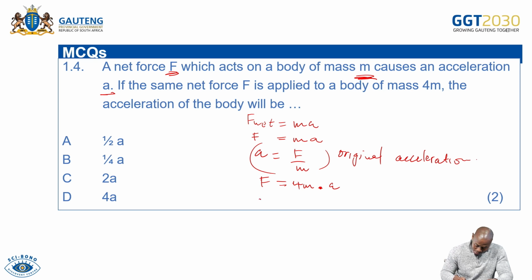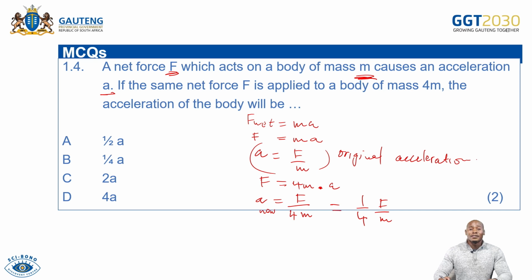So A equals F over 4m. This is the new A now. So A new is F over 4m, which is the same as 1 over 4 times F over m.